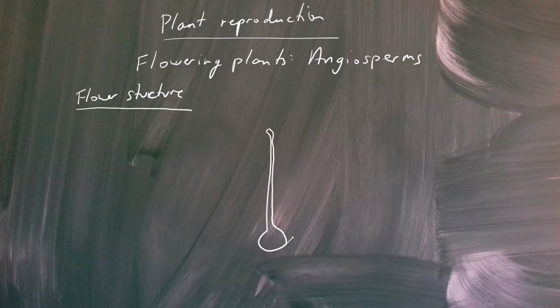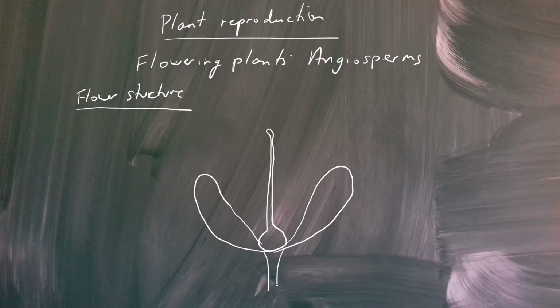And over here, I'm going to draw schematically the so-called petals. They are usually colorful. And over here, of course, the stem. And what I also have is a bunch of anthers as well.